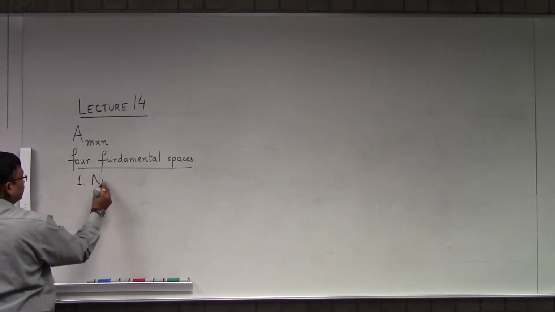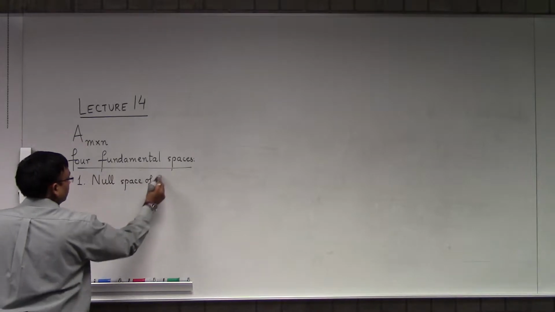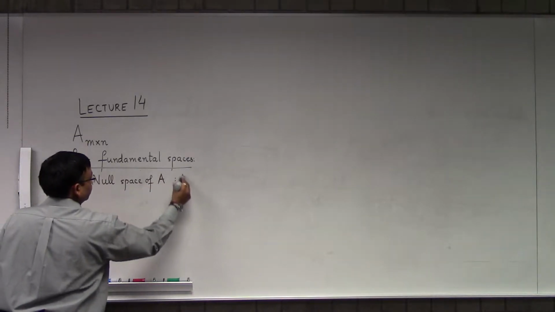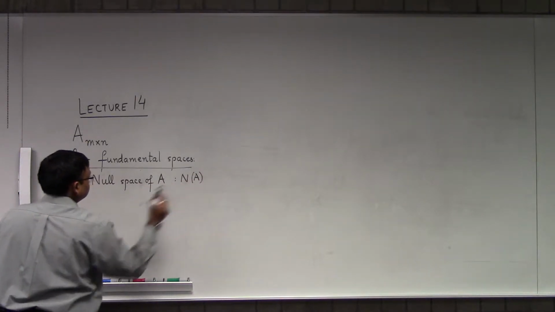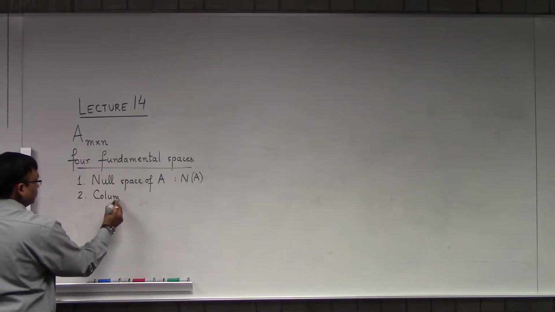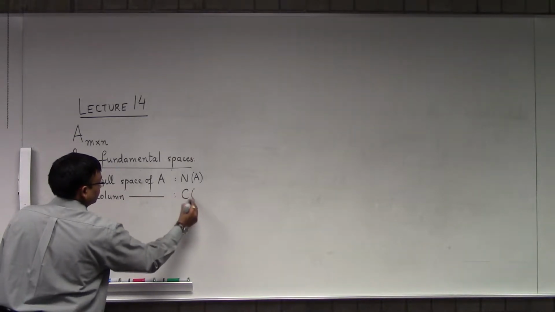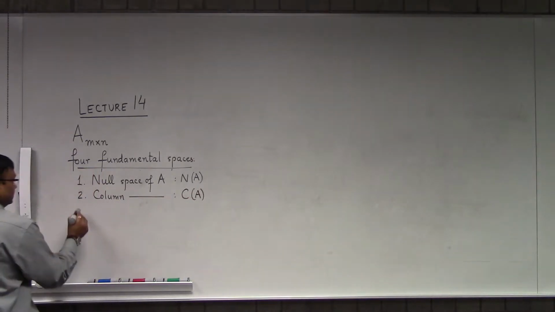These were the null space of A, which we generally denote by NA. Then we had the column space of A, which we will denote by CA.